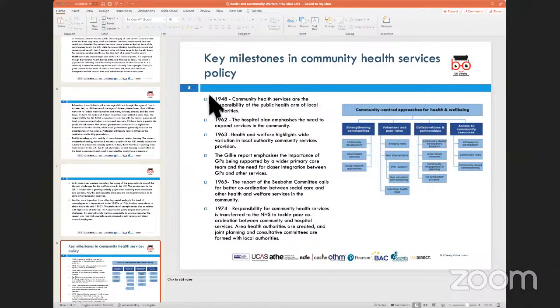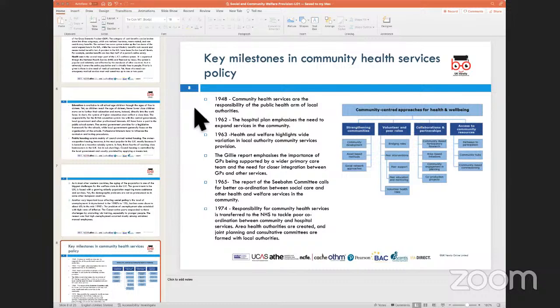So when we look at how this came into being in 1948, when the basic provisioning of healthcare services was being done in the UK, it was recognized that community healthcare services are a responsibility of the government, and they need to be delivered through the public health arm of the local authorities.